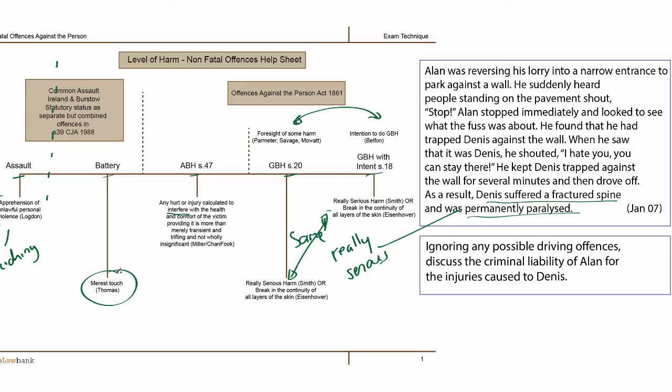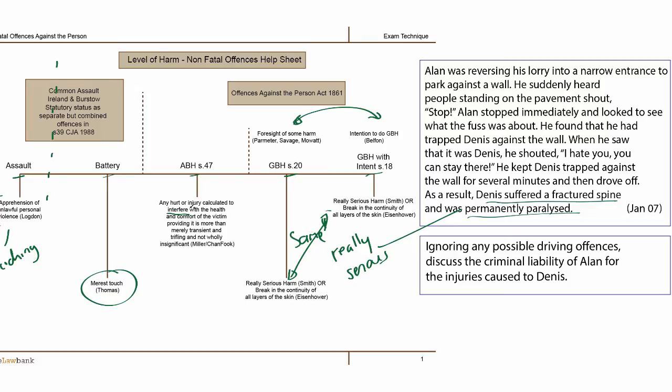And you'll do that by saying, does this fit the merest touch, or does it interfere with the health and comfort of the victim? And you will write one off by saying the injuries to X are more than the merest touch, and therefore they interfere with the health and comfort, which means that they are going to be Section 47.